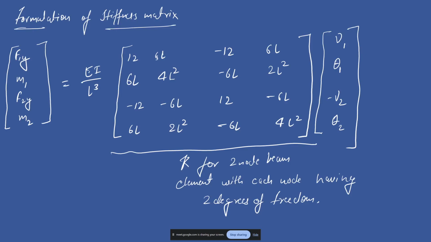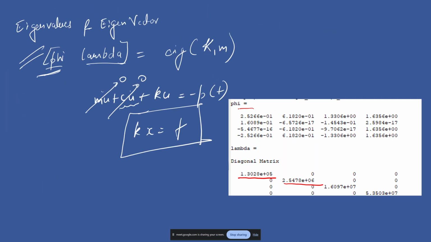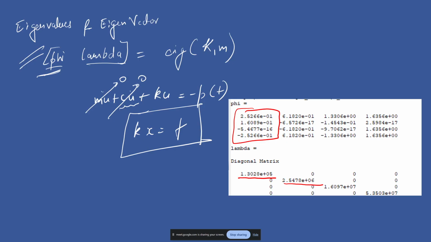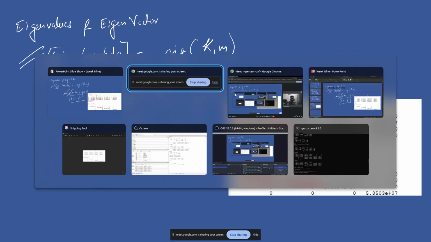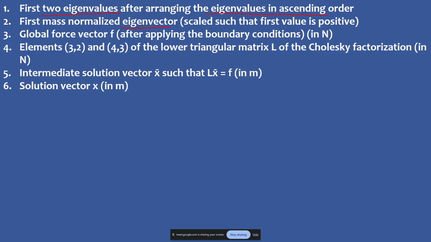Then this is your first mass normalized eigenvector. So this is your answer. So these are the answers for your first and second part.